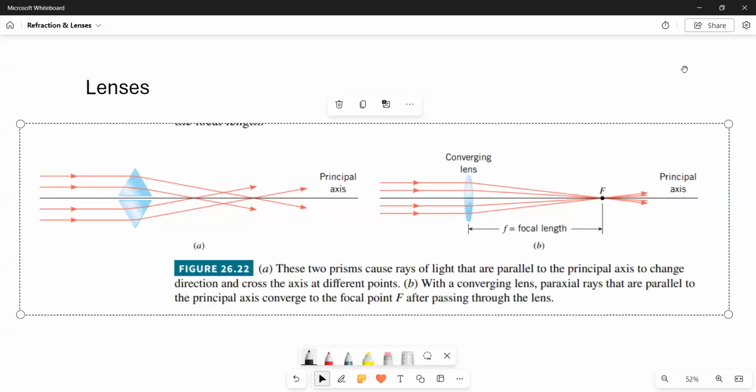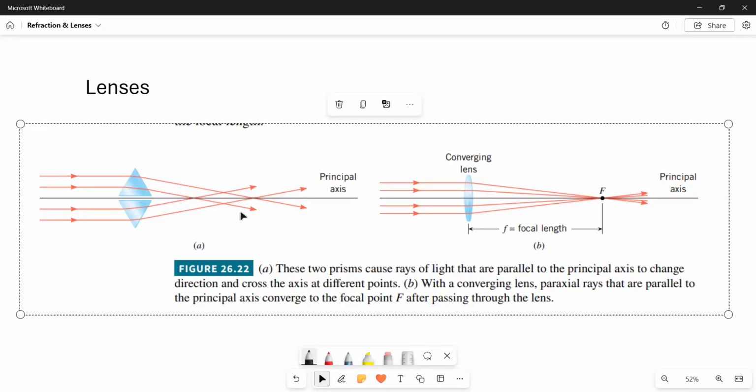Okay, so we want to now turn our attention to lenses. Talk a little about converging lenses and what we call diverging lenses, right? So here, if we were to take two prisms and pass light through them, the light is going to be refracted in a way to form these rays here.